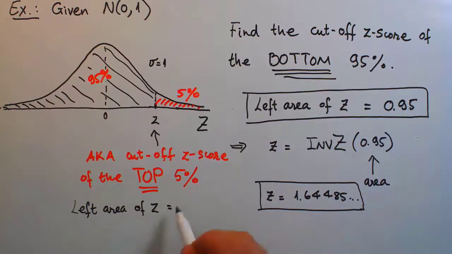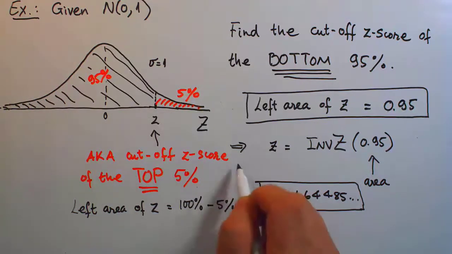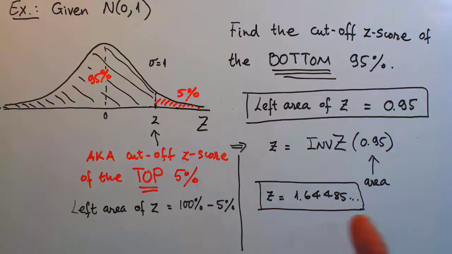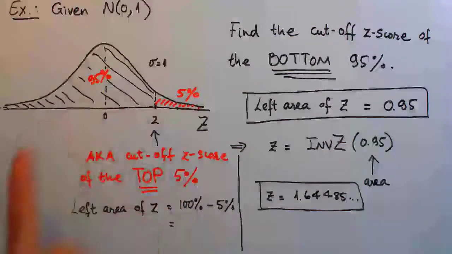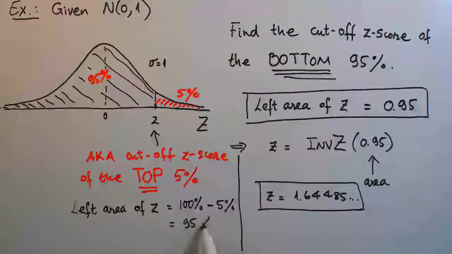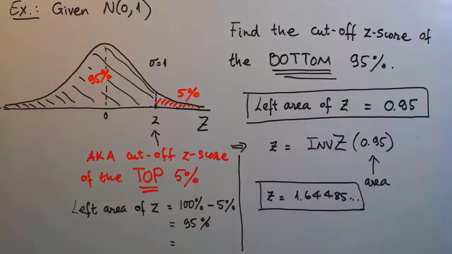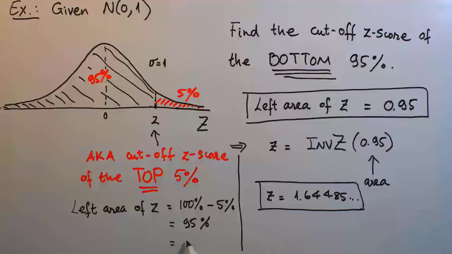Simply, that's all. 100% is the full curve, and we're taking away the 5%. Here I'm pretending we are doing some separate work completely. If it's the same z-score but defining the top 5%, then the left side of that has to be subtracting 5% from 100%, and we end up with, once again, that bottom area or the left area of z being 95%, or in decimals, ready for the INVZ program or any technological resource to calculate, 0.95, the most popular expression of that.